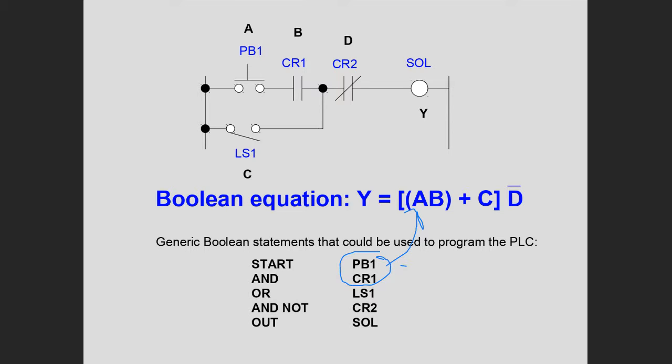And then you're ORing that with this limit switch. And so you say OR LS1, well, that's this part of the equation. And then it says AND NOT. AND NOT means you're going to NOT the D, so you're going to NOT the CR2, or that we have a normally closed contact.